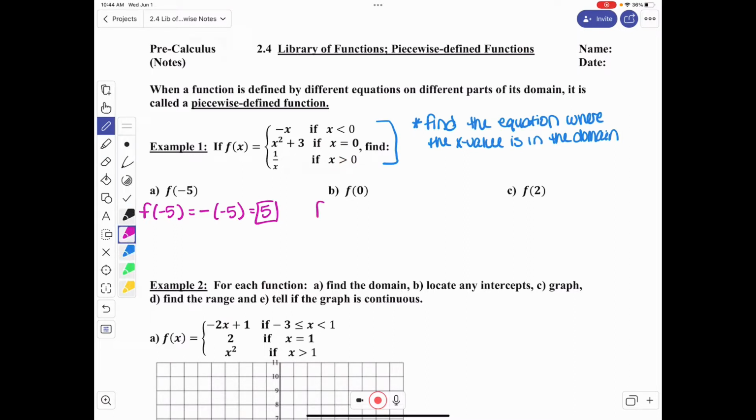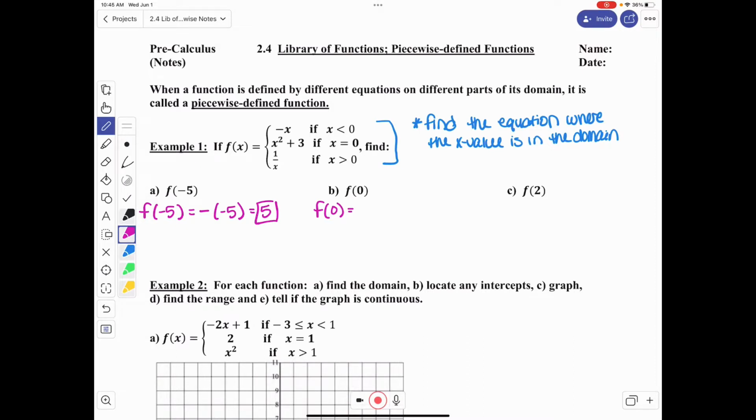Okay, so our next one, f of 0, and we're still using the same piecewise function. Now, these will change for each problem. Your equations here are going to change, and your conditions here are going to change each time, so you just pay attention to what each one is. So f of 0, is 0 less than 0?